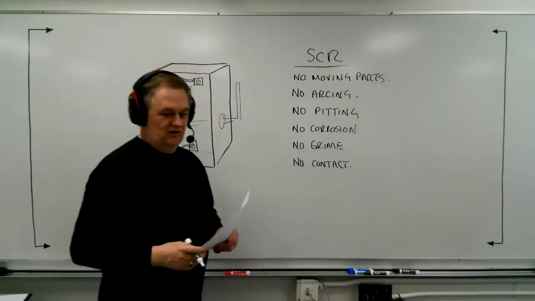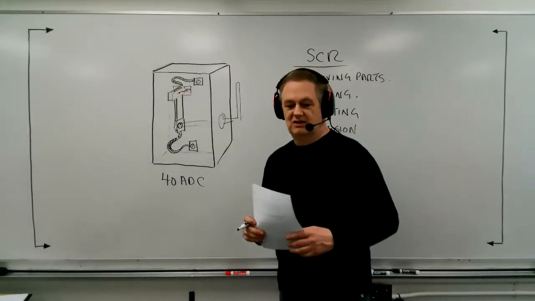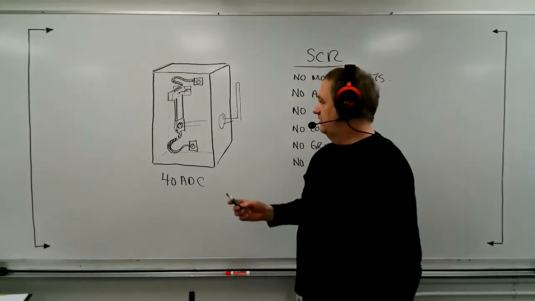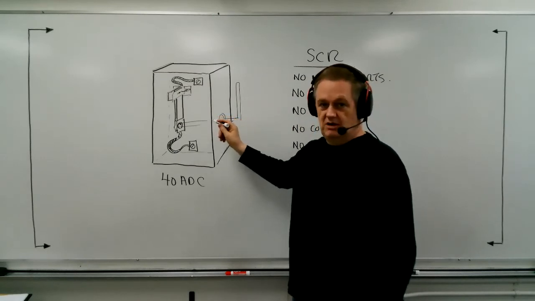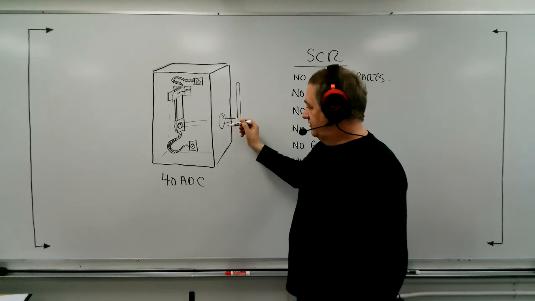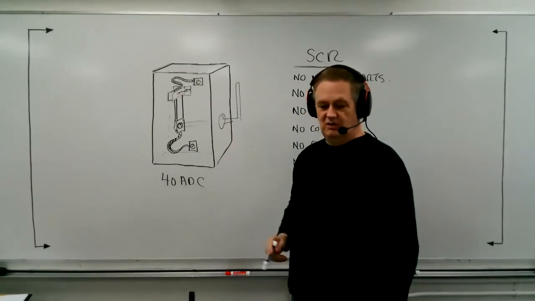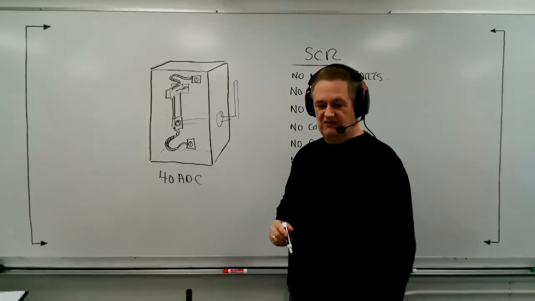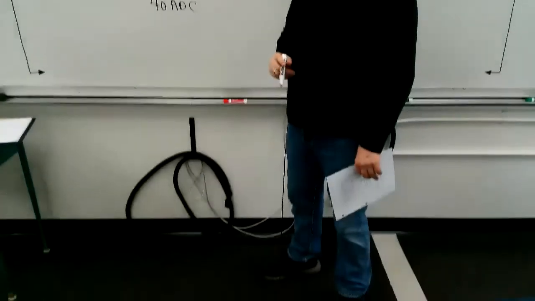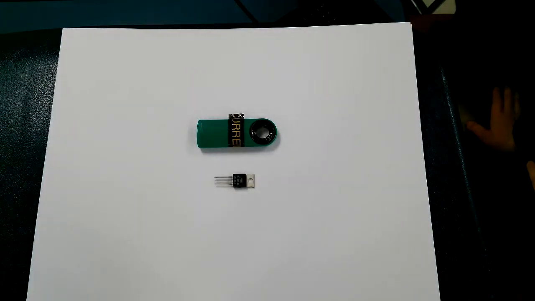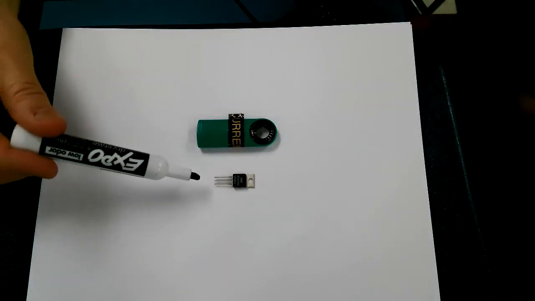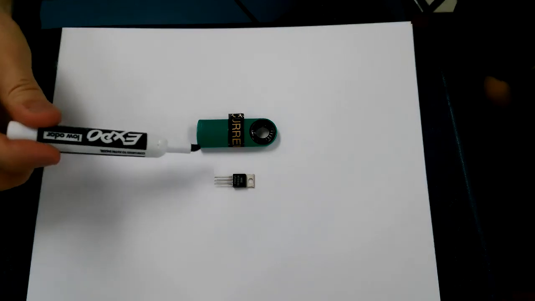Now, I want to show you something really remarkable. This is drawn pretty close to actual size, and this is a 40 amp switch. I want to show you a 40 amp SCR. You can see this is the SCR right here, and you can scale it to size.